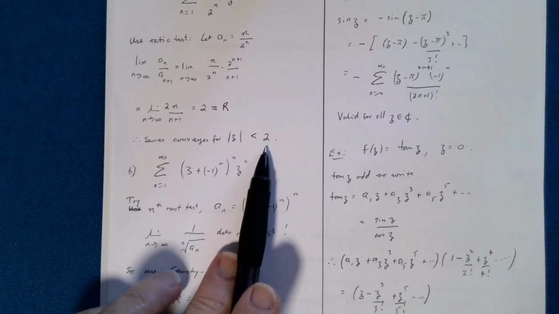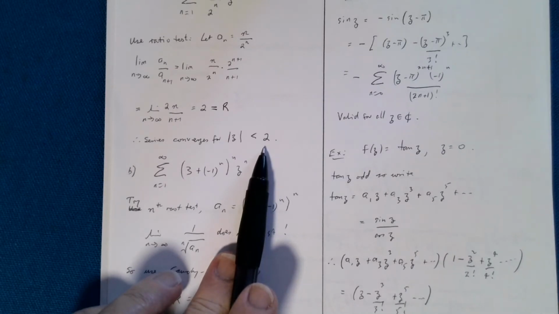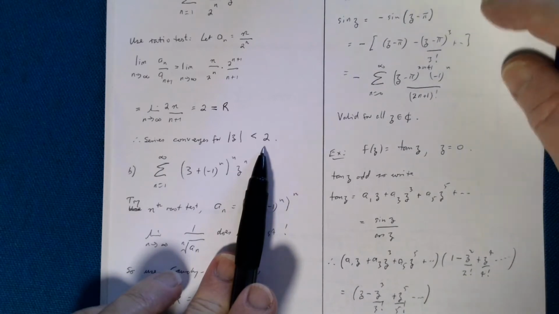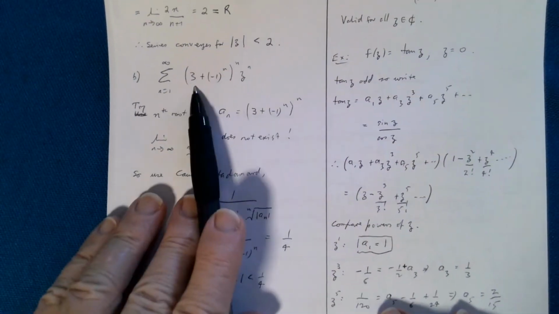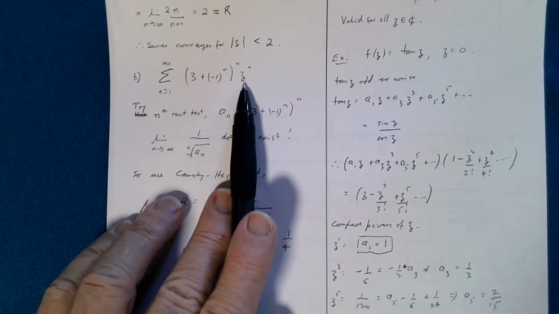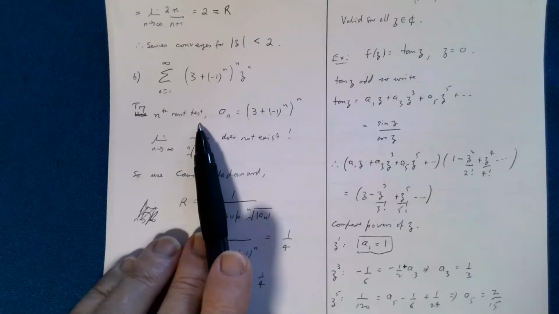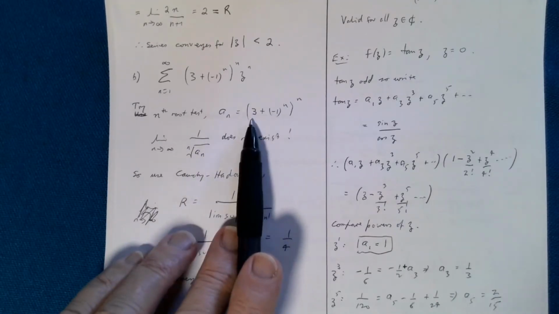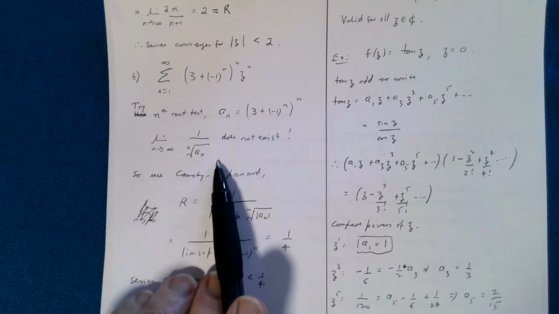To see an example of where we need the more general Cauchy-Hadamard limit, we look at this series here of 3 plus minus 1 to the n all to the power of n z to the n. If you try the nth root test on this sequence, then it doesn't work, because this limit doesn't exist.